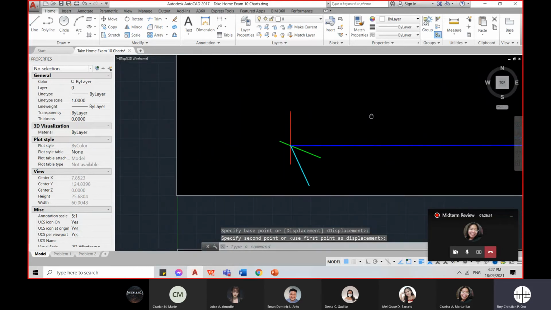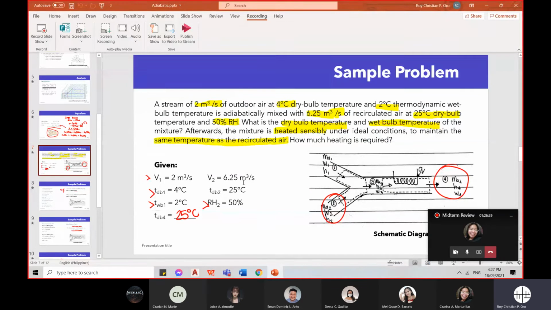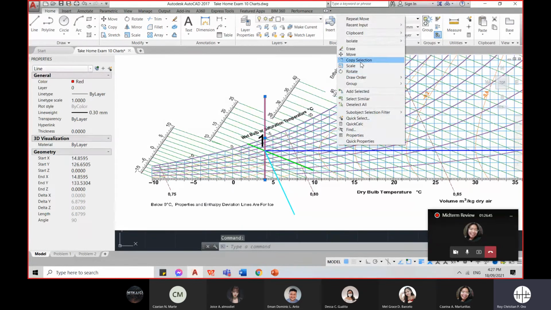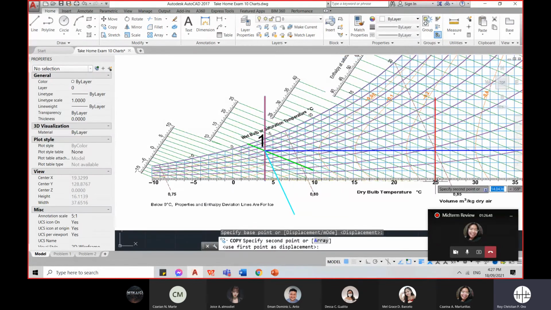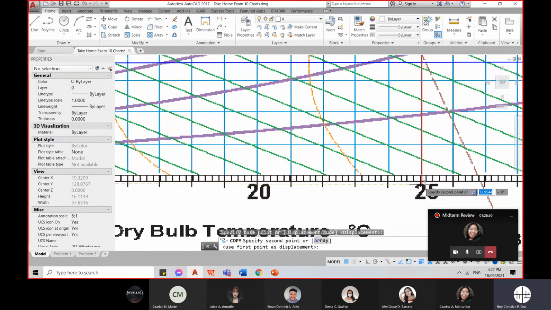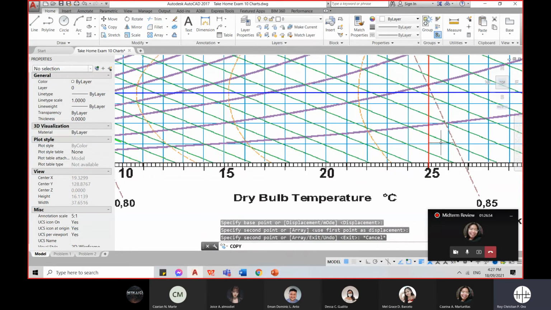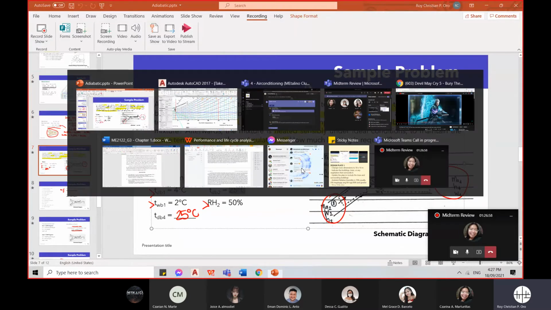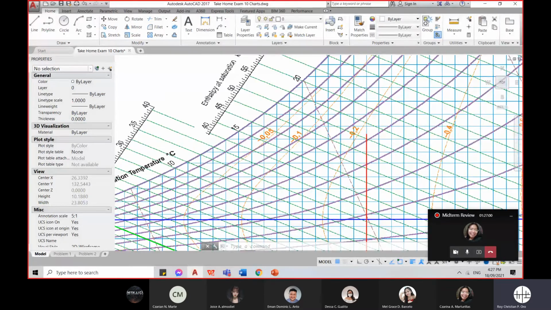The next thing is of course to find state 2. State 2 is at 25 degrees Celsius dry bulb, so we take the red line at 25. And it has a relative humidity of 50%.